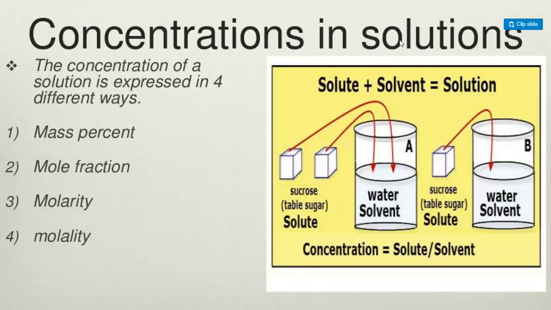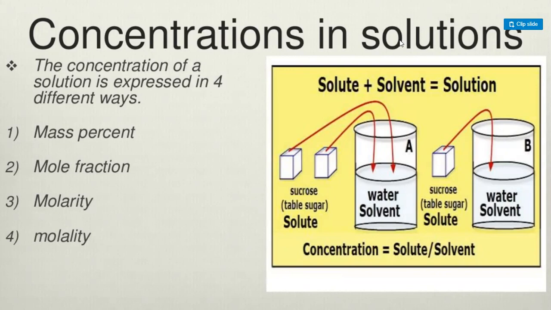What is concentration actually? Concentration means the amount of solute and solvent in a solution. What is solute? Solute is what has to be dissolved in a liquid or a solvent, and that quantity is lesser. The substance we have less of, which has to be dissolved, is the solute, and the solvent is what we use to dissolve anything.